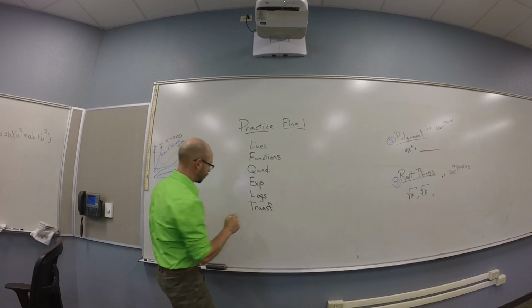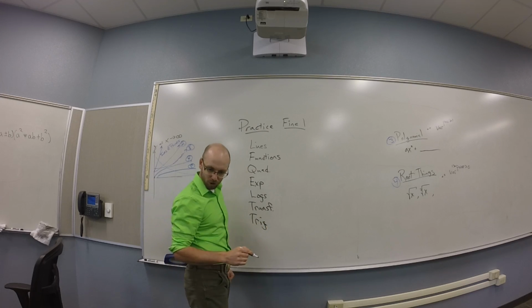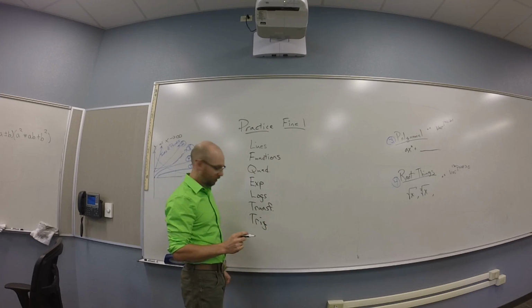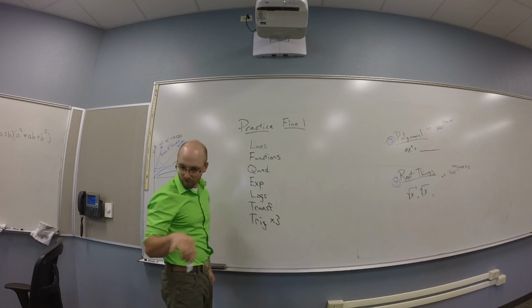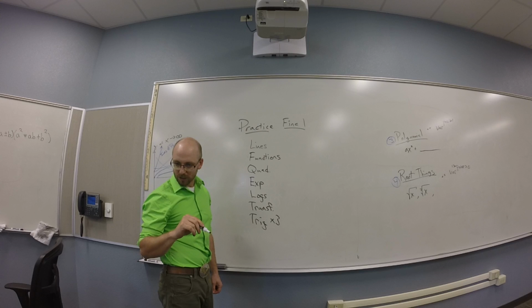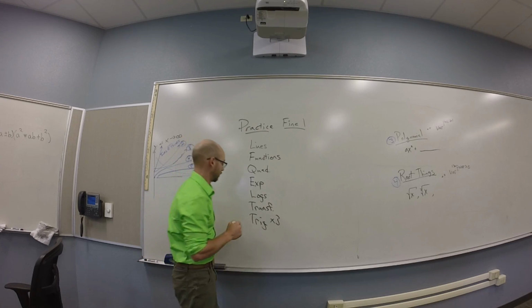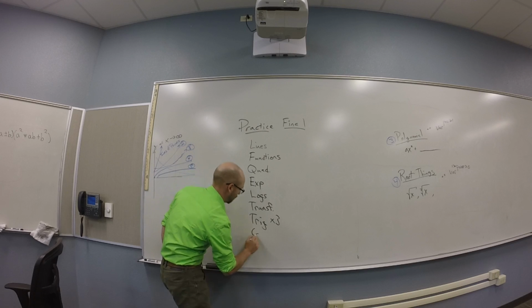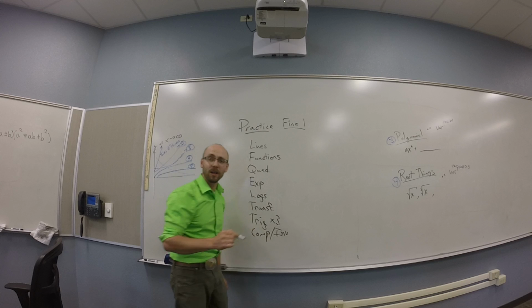Chapter 7 is trig. Chapter 8 is more trig. Chapter 9 is more trig. Chapter 10 is composition, inverses, and combinations. Yeah, we did it way early. Oh, right.